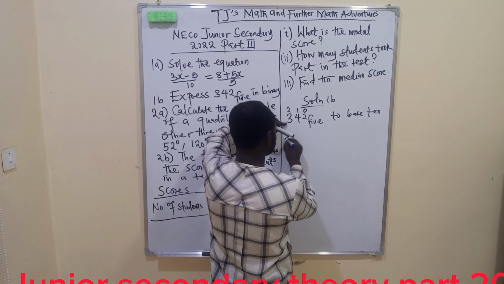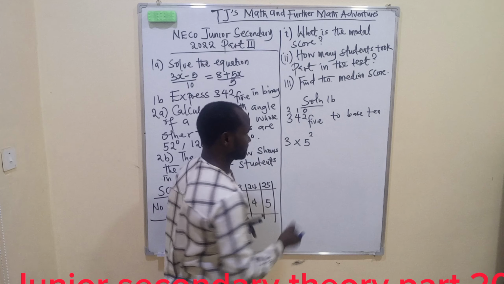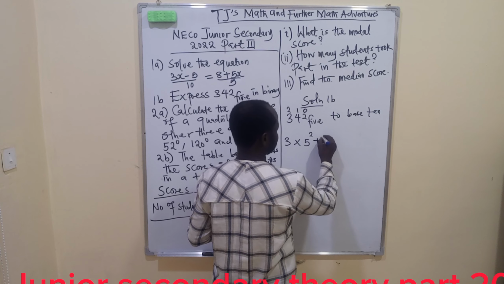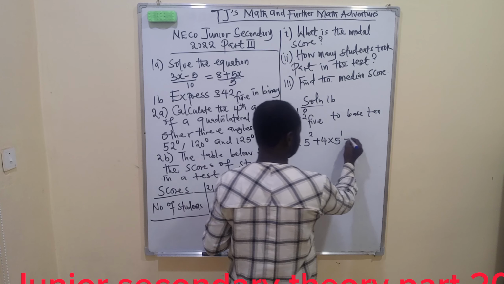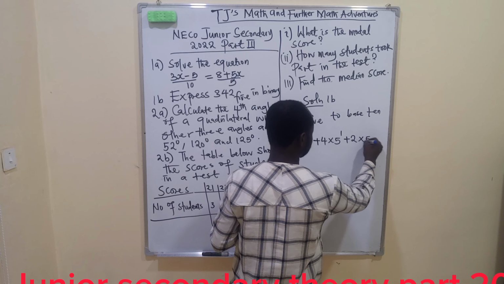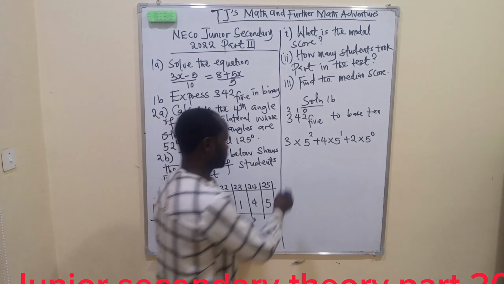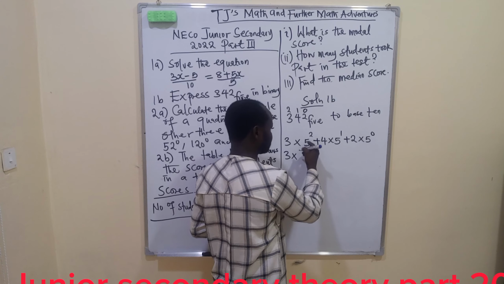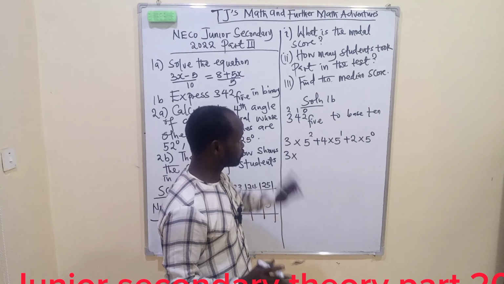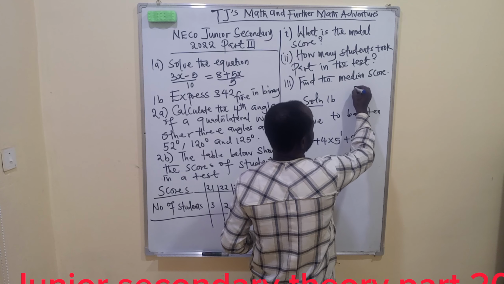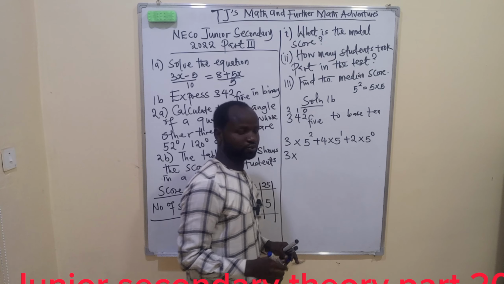This will be 3 times the base, which is 5 power 2, plus 4 times the base, which is 5 power 1, plus 2 times the base, which is 5 power 0. 5 power 2 means 5 times 5, not 5 times 2, please, which is 25.